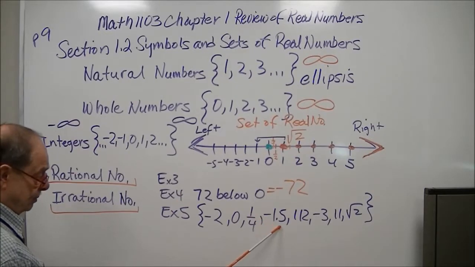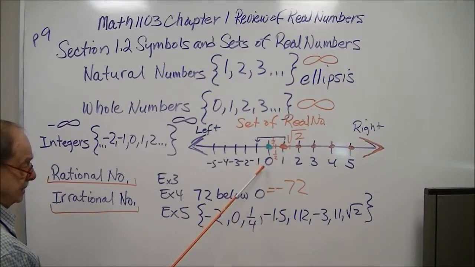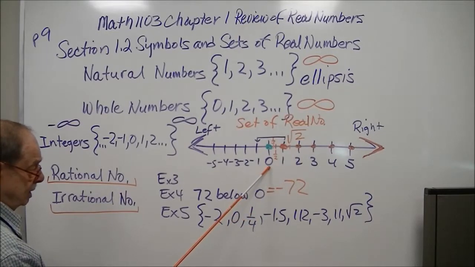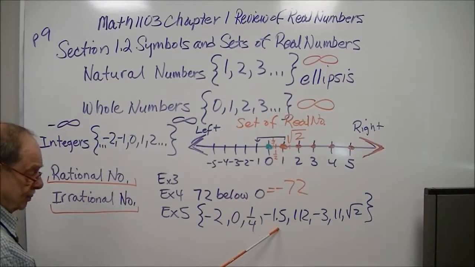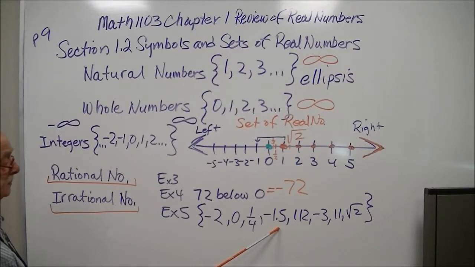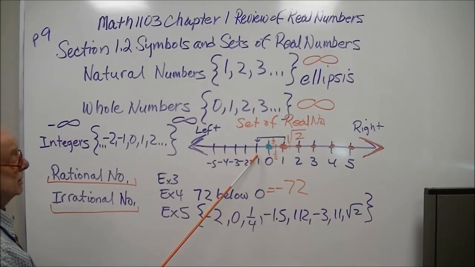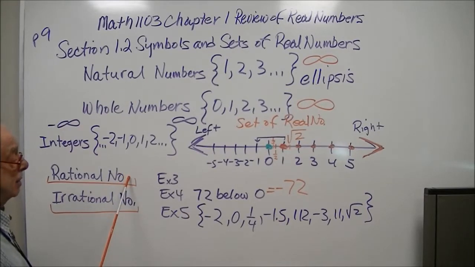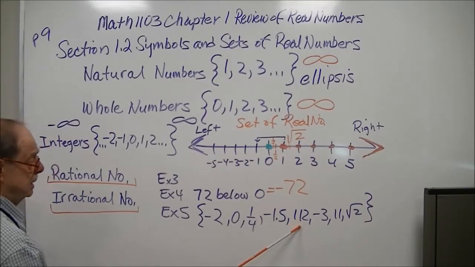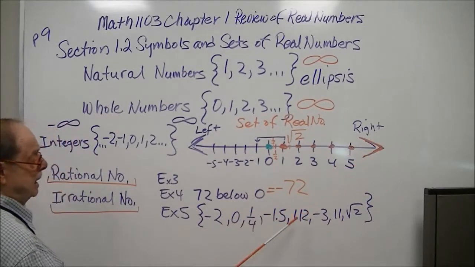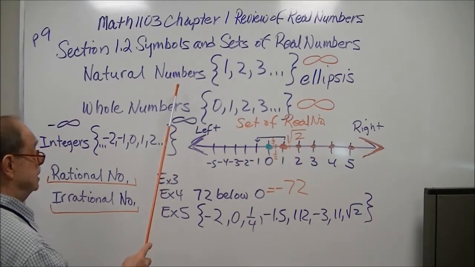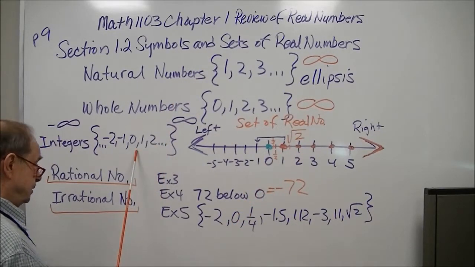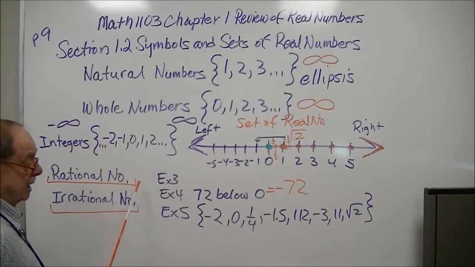Okay, a negative 1.5. Now, it's not a natural number. It's not a whole number. Is a negative 1.5 an integer? No, because it's between a negative 1 and a negative 2. It's right there. So it is a rational number and a real number. Now 112, way out there, is a natural number, a whole number, an integer, and a rational number, and a real number.